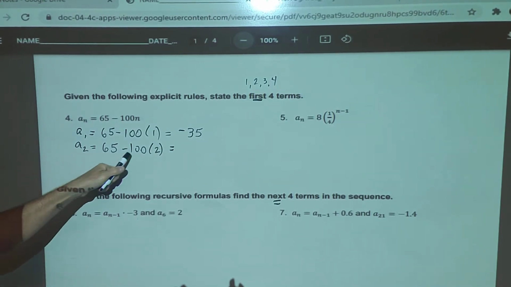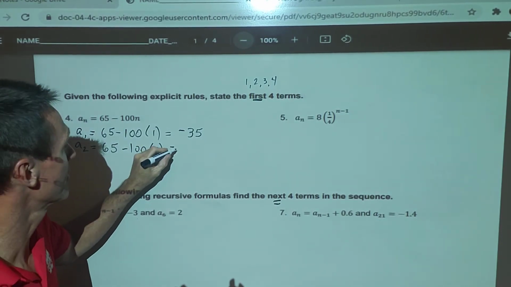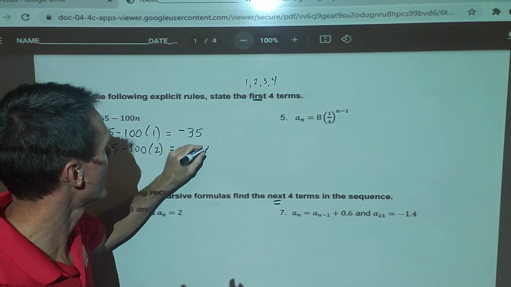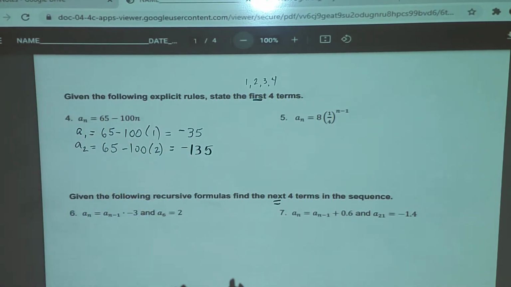So 65 minus 200 would be negative 135. And we would continue that with a sub 3 and a sub 4, plugging in a 3 for the n on the third term, 4 for the n on the fourth term.